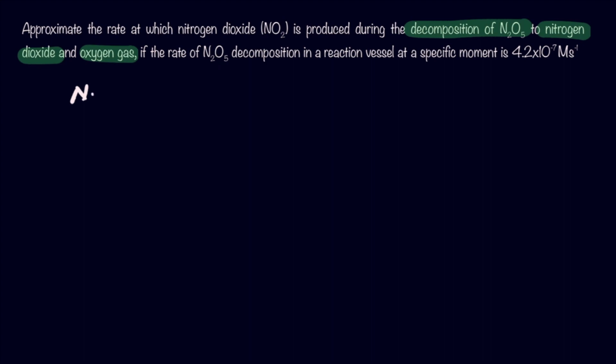So it states here that N2O5 will decompose into NO2, which is the nitrogen dioxide, plus oxygen gas. So the next thing that you need to do is balance out this equation. You have 4 oxygen at the product and you have 5 oxygen at the reactant.